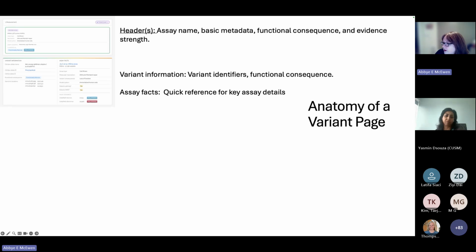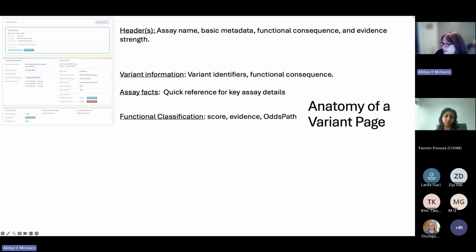Underneath the header is the variant identification. Here we've got some other identifiers, and we've got a quick reference sheet for some of the key assay details that variant scientists need to know. I'm going to go over this section in quite a bit of detail in a minute.